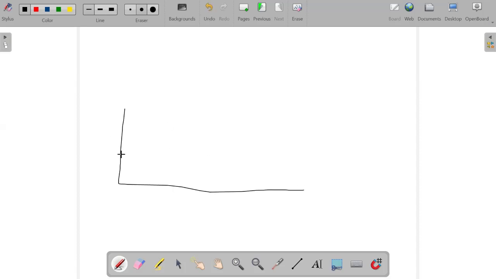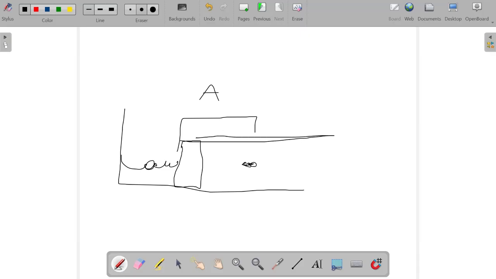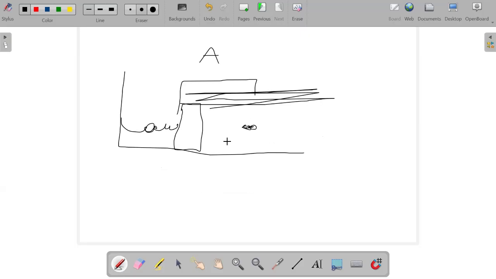We compress it all the way down, so it's compressed all the way here from equilibrium. This distance, we're just going to say A, because that's the typical value we use in this class. Now it's going to be bouncing back and forth, back and forth. This is just the path of its motion.